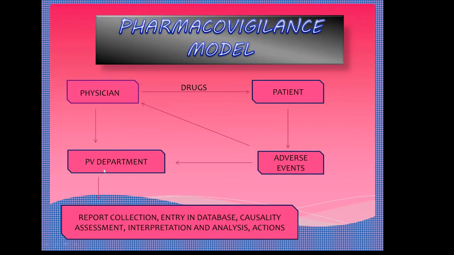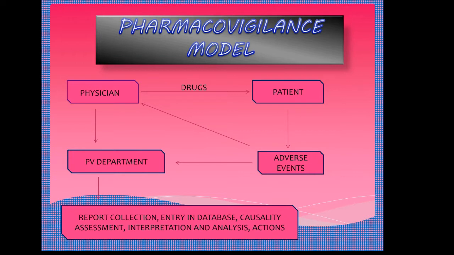And after that, this PV department will do the main job. They will do the report collection, and they will enter this in their database. They will assess the causality, means they will see whether there is any probability that their product has caused that particular event or not.